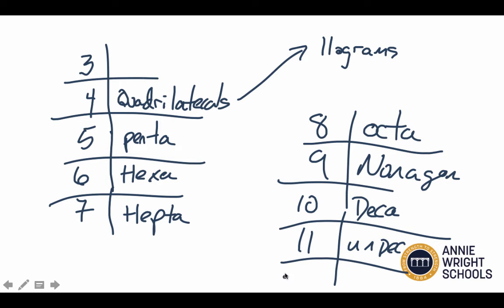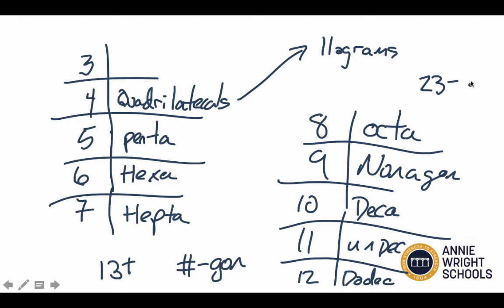And then lastly, 12, dodecagon. Anything bigger than 12, 13 plus, we will just use the number dash gon. So 23-sided is a 23-gon. There are some other names, but we're not going to worry about them.